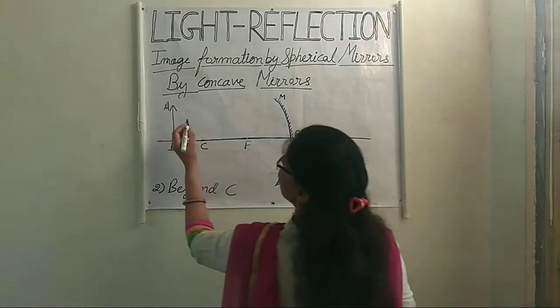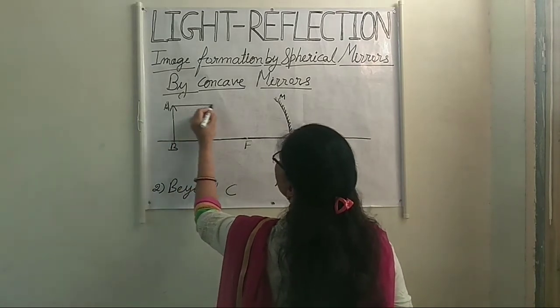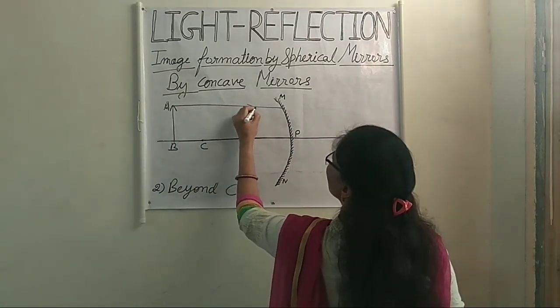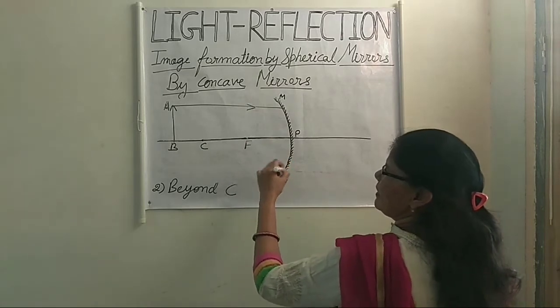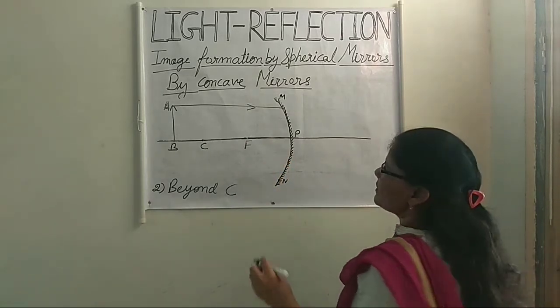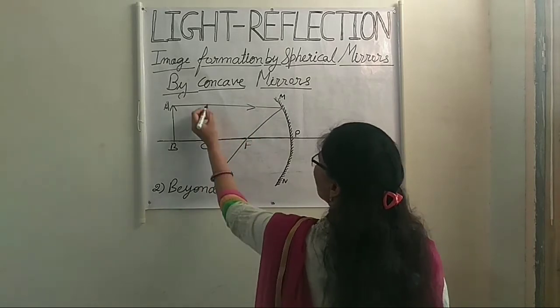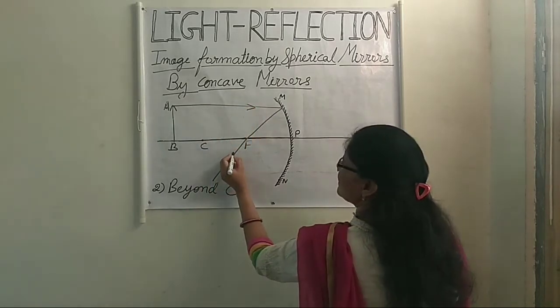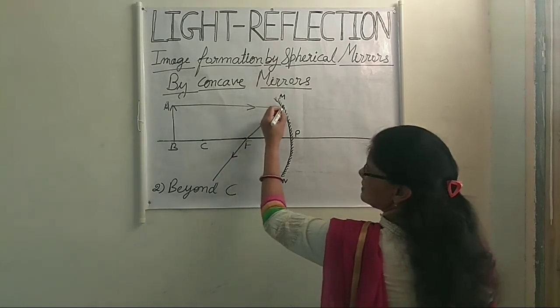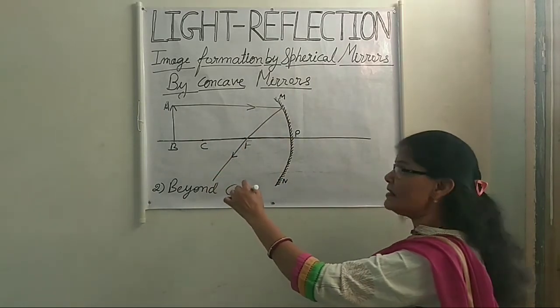So first, let us take a parallel beam of light incident on the mirror. If a parallel beam of light is incident on the mirror, then it will pass through the principal focus. This is the incident ray, and this is our reflected ray.